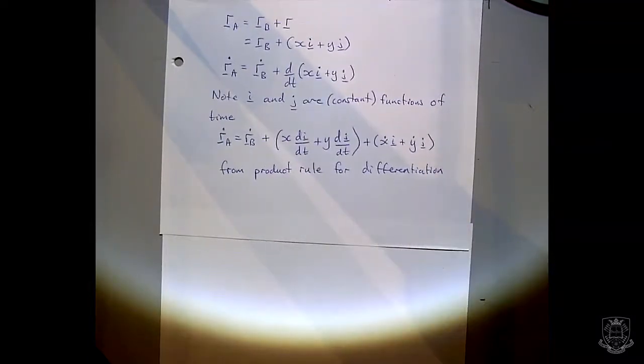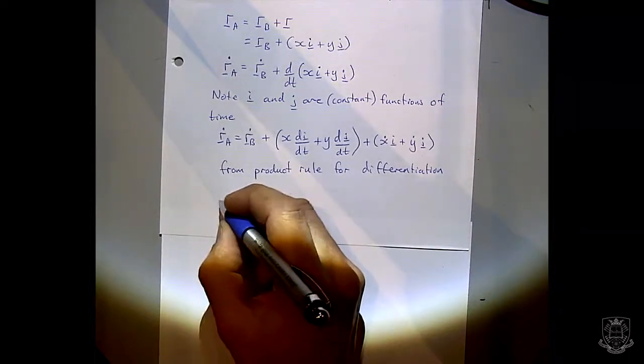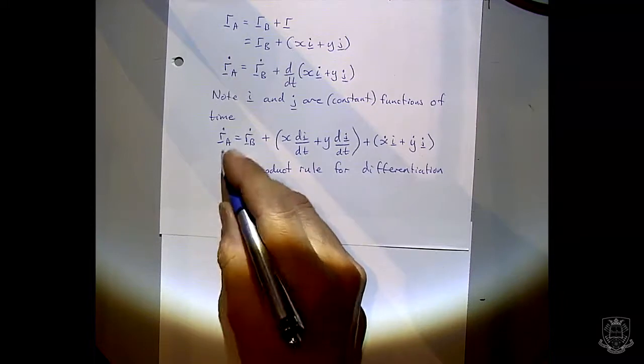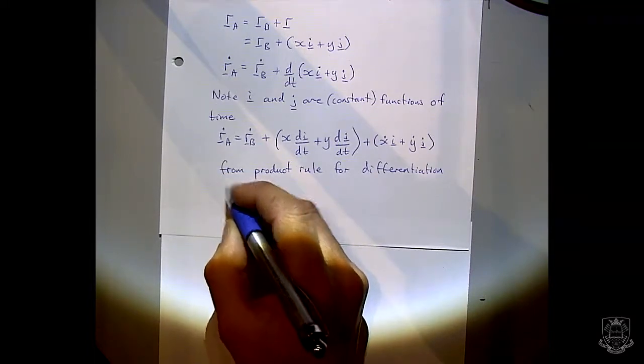Okay, so now in fact we can write this in a slightly neater way, and this is the way it's written in classical mechanics. So the r dots become v, don't they, because r dot is velocity.